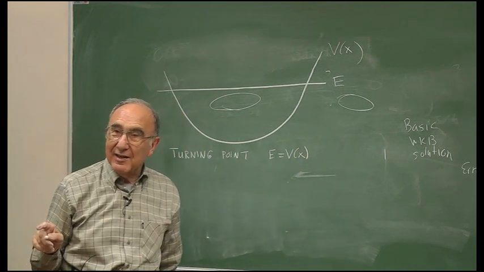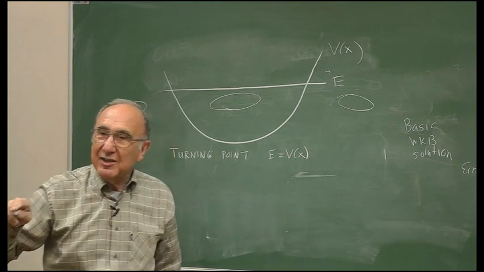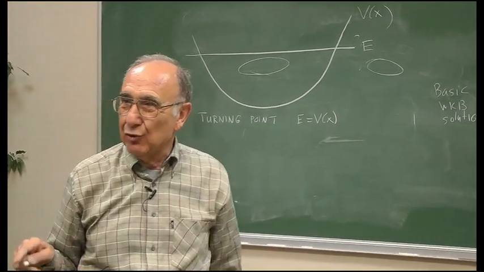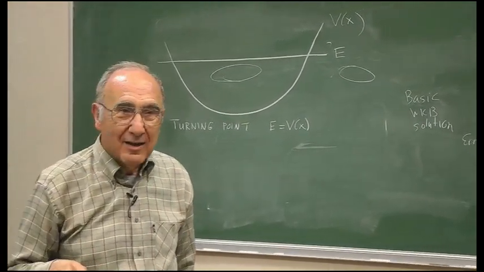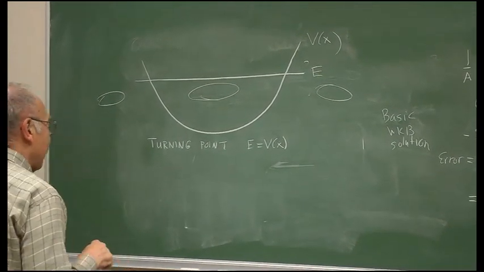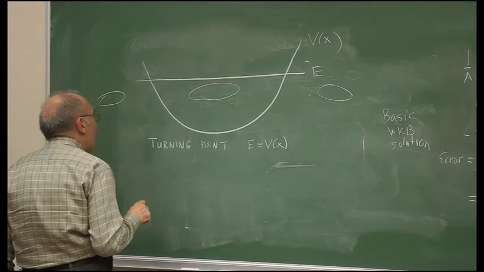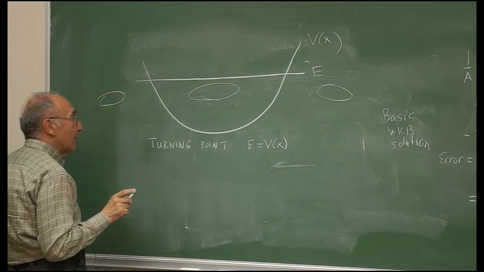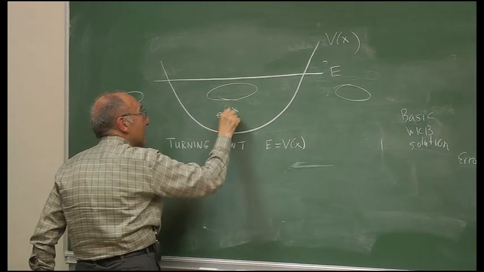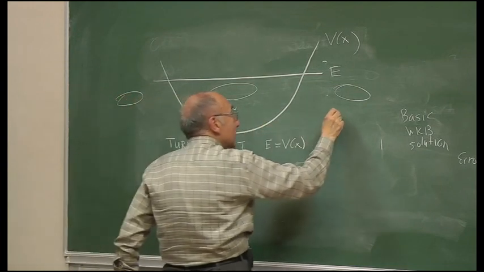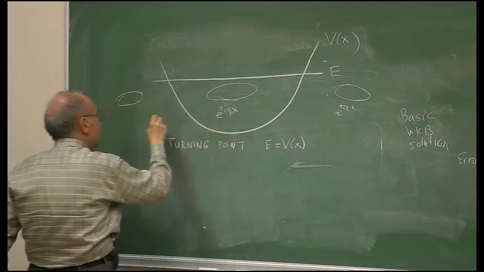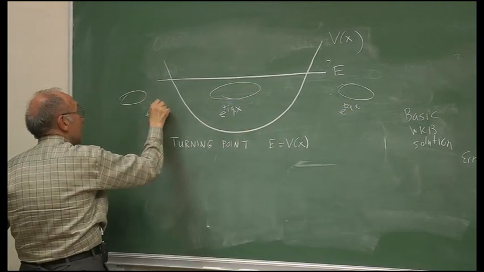Because classically, if the energy is less than the potential, the particle cannot come there, so it has to turn back. We'll see that in quantum mechanics, it can tunnel through. However, somehow we must connect something like e to the iqx here to e to the plus or minus qx there.